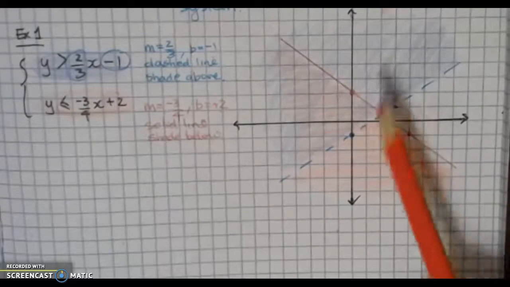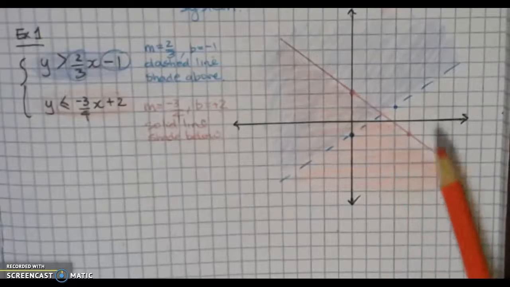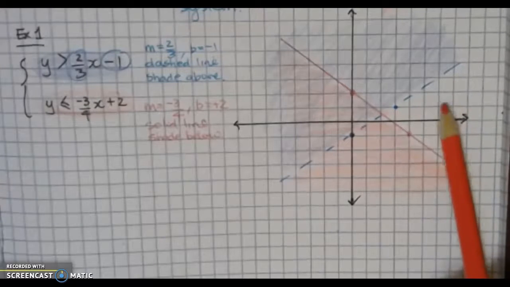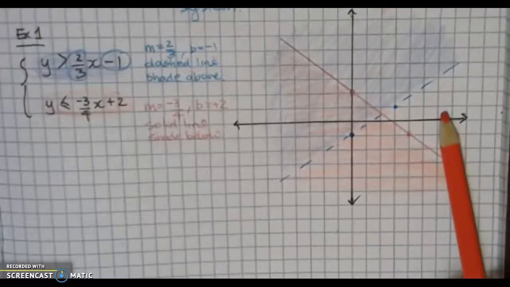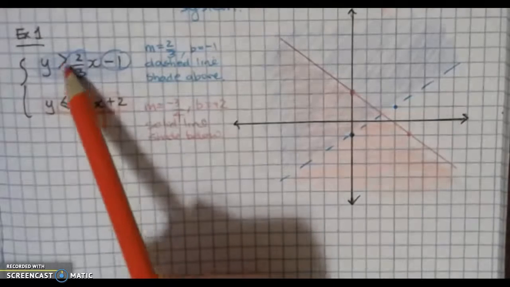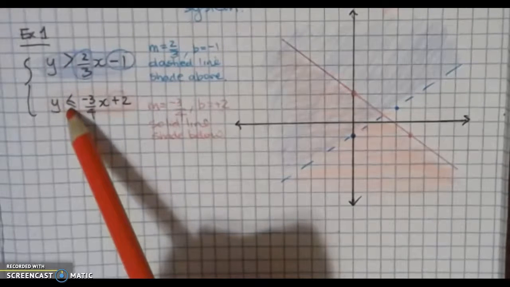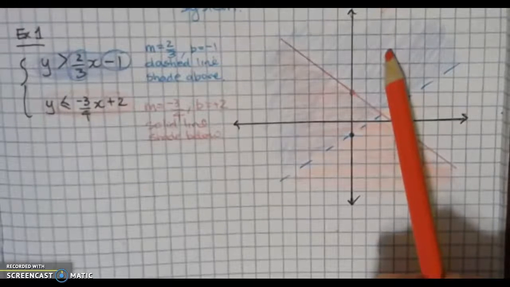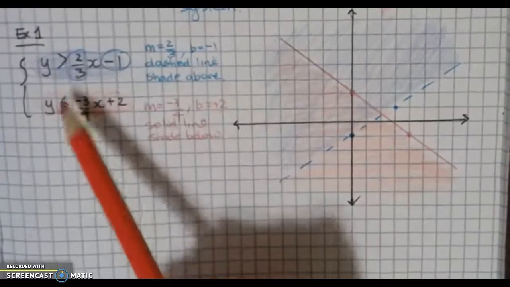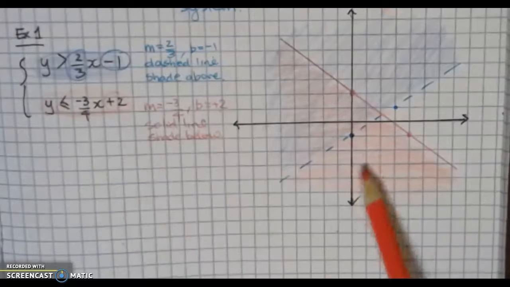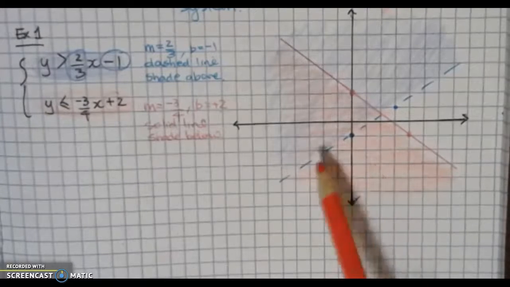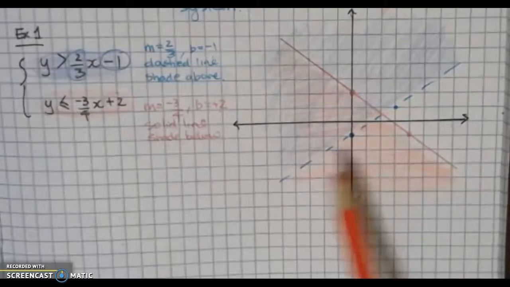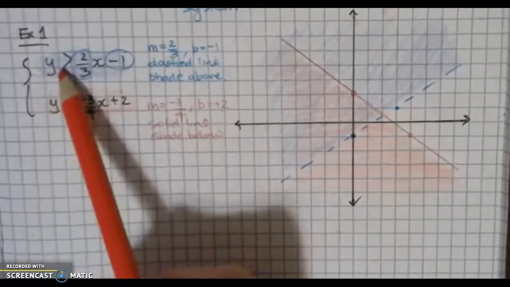Any point in the white area is not satisfied by either the blue or the red inequality. Any point in the blue area is satisfied by the blue inequality but not by the red. The red region is the xy combinations that satisfy the red inequality but not the blue.